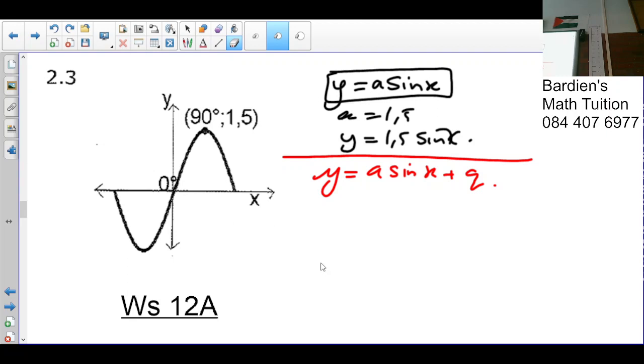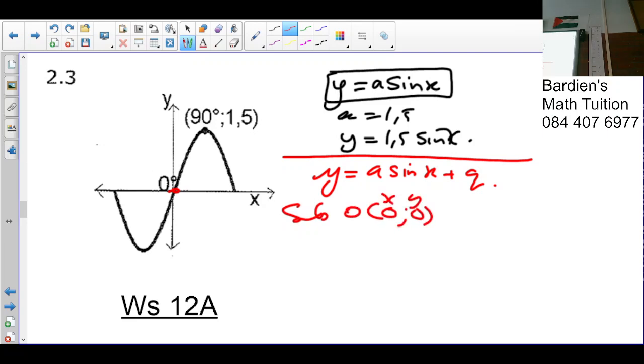That's the equation. Where do we start? You substitute one of the points. You always go with the 0 and 0 first. Let's substitute the origin, which is 0 and 0. It's an x and a y. So 0 is equal to a sine 0 plus q.